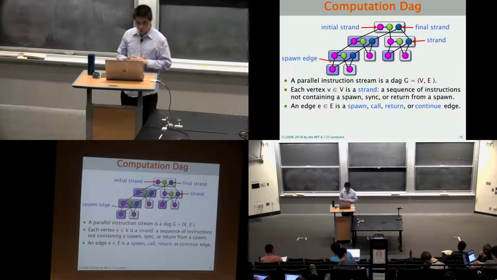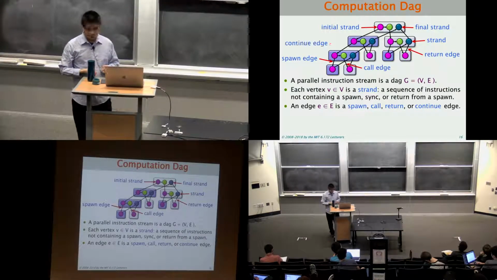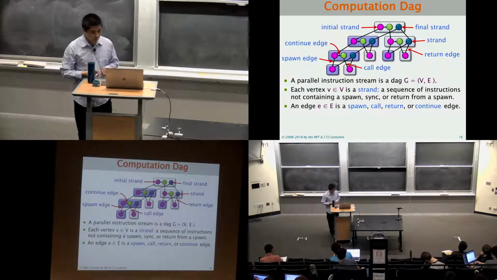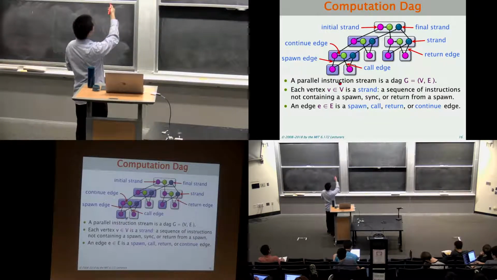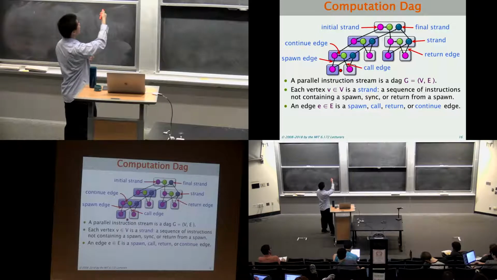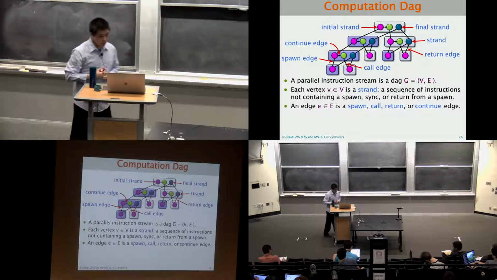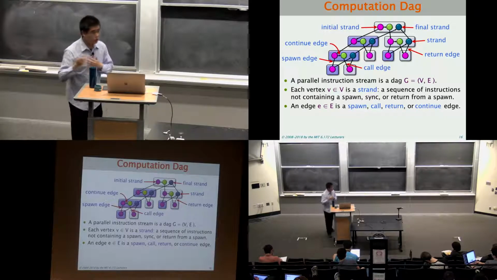And then there are 4 types of edges: spawn edges, call edges, return edges, and continue edges. A spawn edge corresponds to an edge to a function that you spawned, so these spawn edges go to a magenta node. A call edge corresponds to an edge that goes to a function that you called.